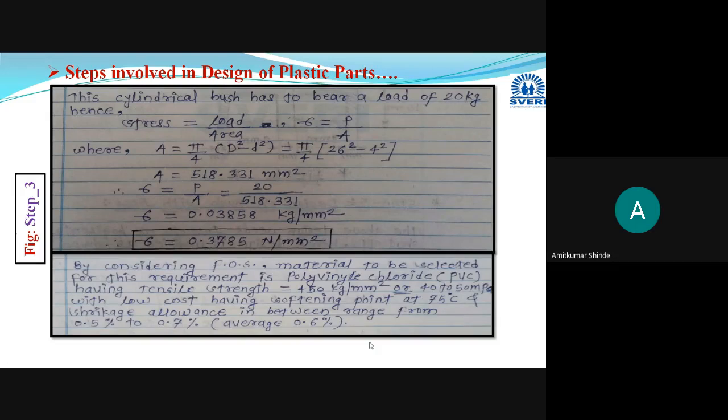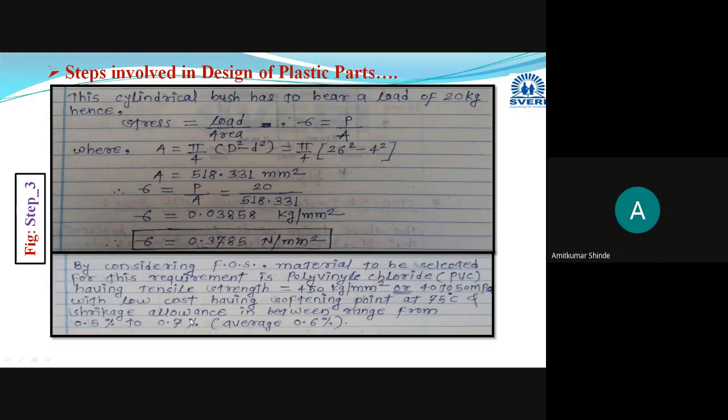And while giving the actual design dimensions, you can consider the average value of 0.6%. You can consider any shrinkage allowance value within this range. You can go for 0.5, 0.55, or 0.65. Within this range, you can go for any value.